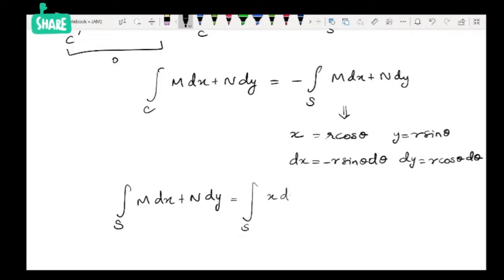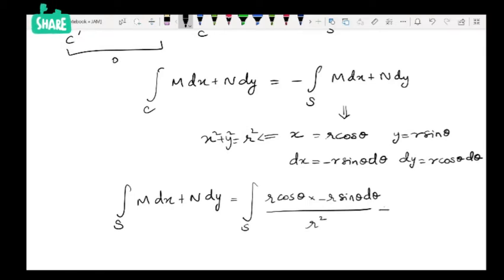Instead of x I'm going to straight away write r cos theta times minus r sin theta d theta divided by x square plus y square, which is nothing but r square, because cos square plus sin square will eventually become 1. And N is actually minus y, right?